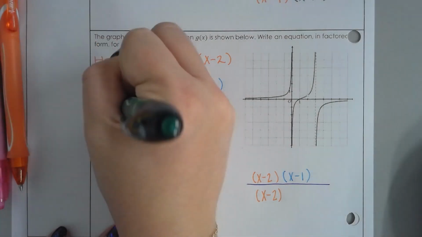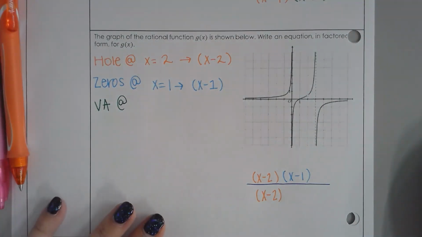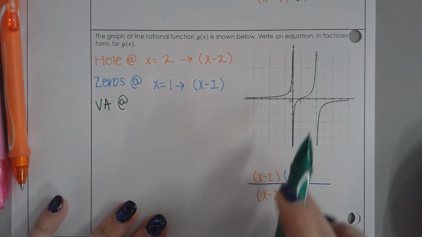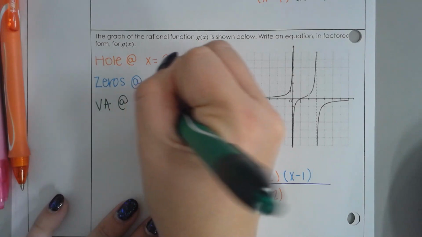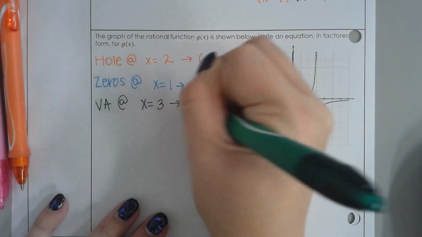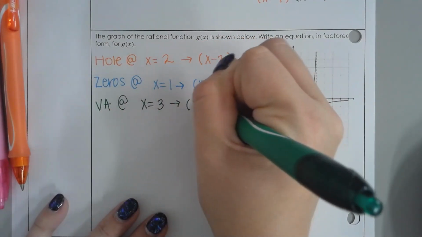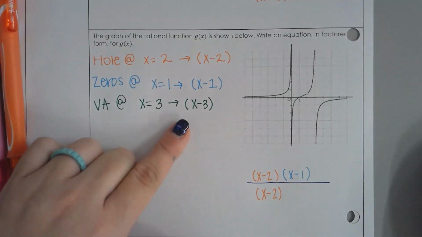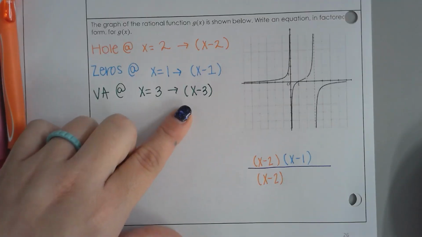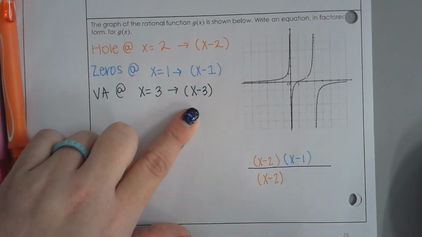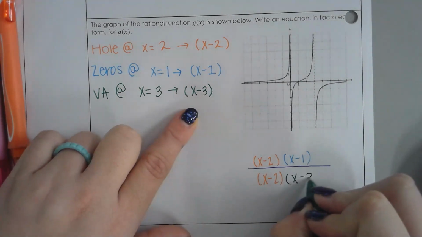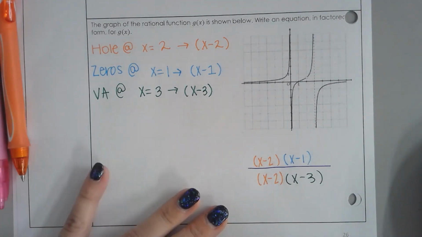Vertical asymptotes, we're at x equals 3. So we have a factor of x minus 3. And where does that factor go? In the denominator. Do we have any other vertical asymptotes?